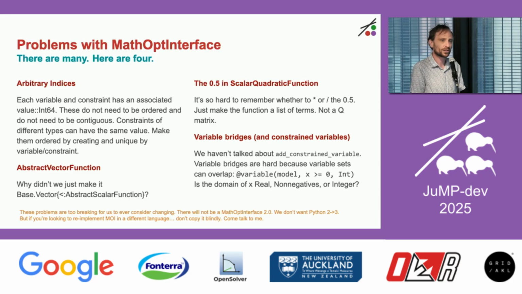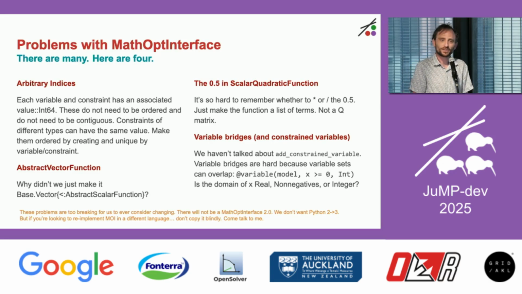And this means that when a JuMP model writes down their list of functions and sets, we don't actually know in MOI the true order in which they added those constraints. We can only figure out the order within the constraint type. And so this often means that we can't preserve row order exactly when we're copying models around.